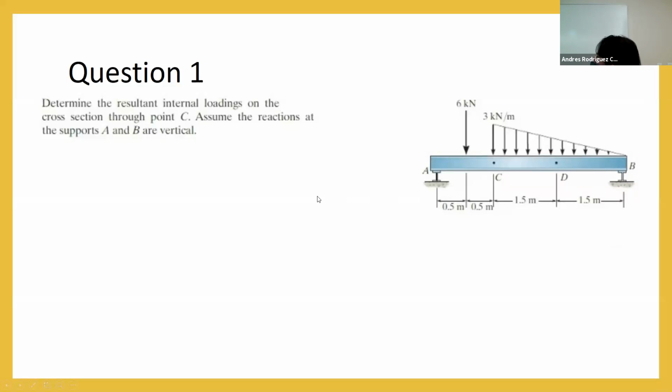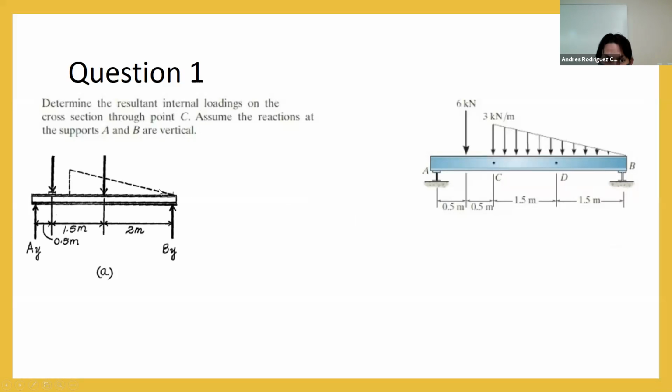So the first thing that we have to do is to elaborate a free body diagram for the element. The free body diagram is something that is going to summarize every load and every reaction that is acting on the element.